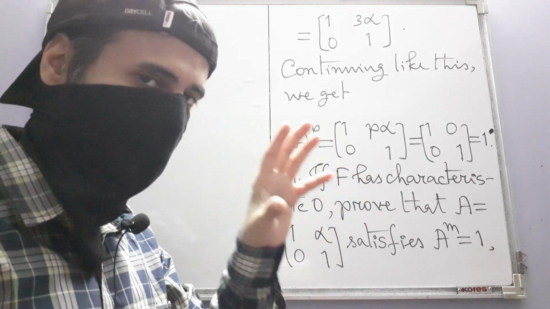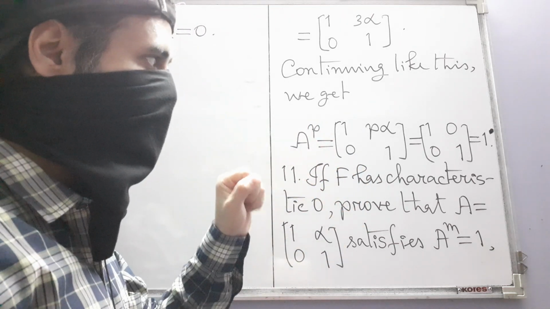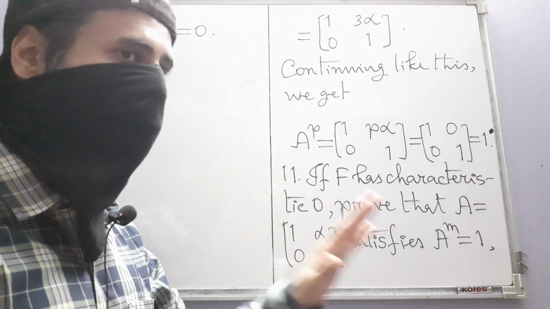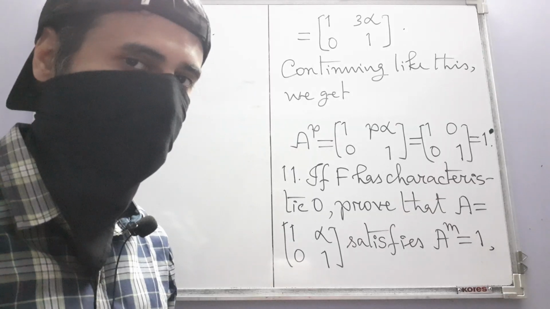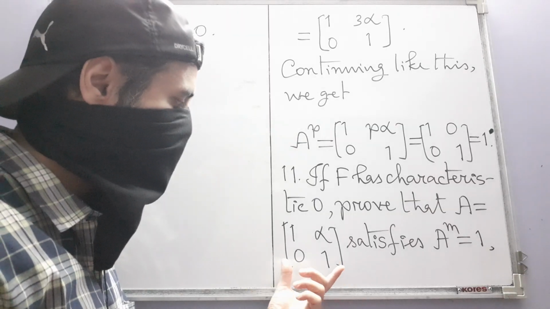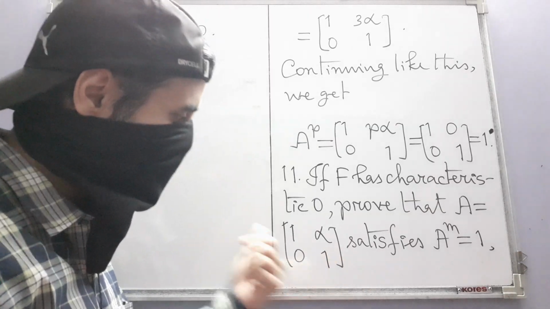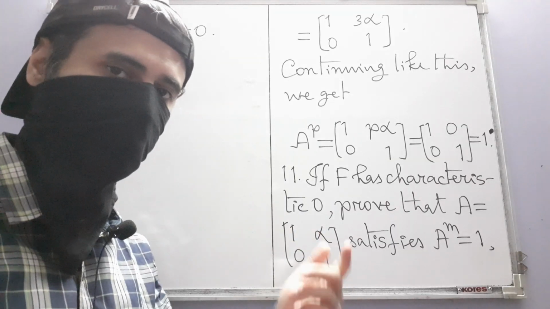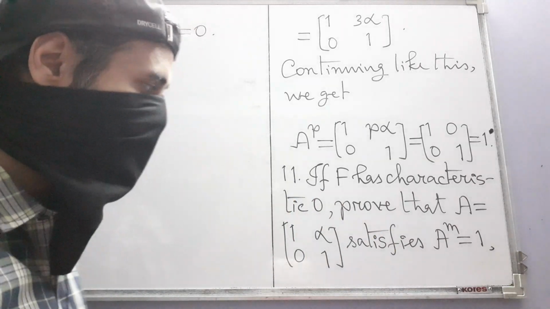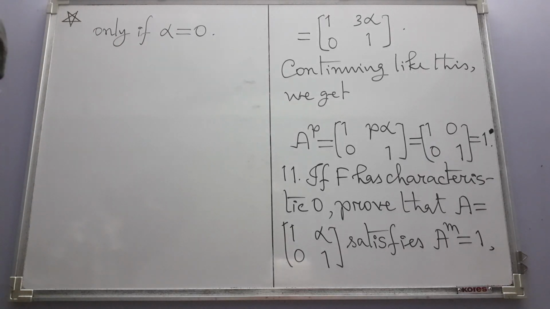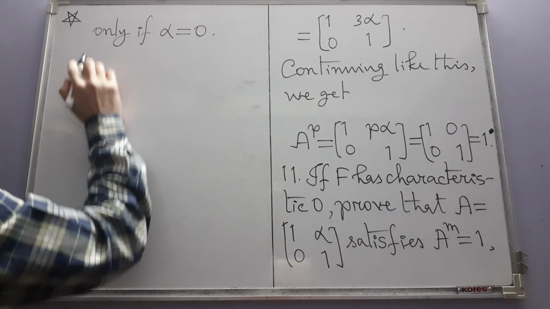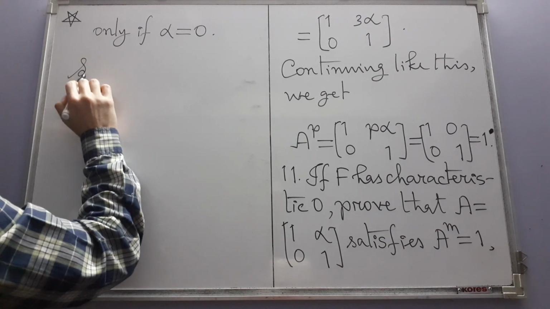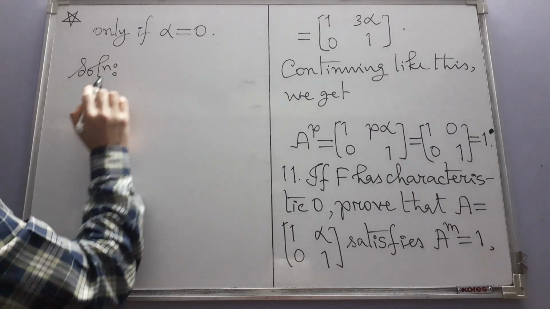How the entries look has nothing to do with what the characteristic is. Here also, A square would still be 1 2 alpha 0 1, A cube would still be 1 3 alpha 0 1. So we can, without again doing those things, straight away write this.